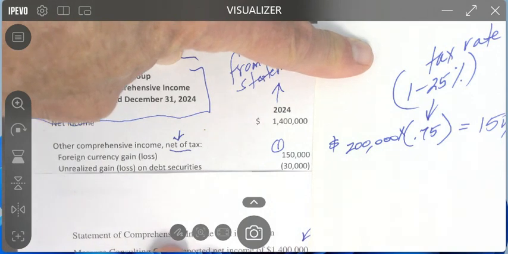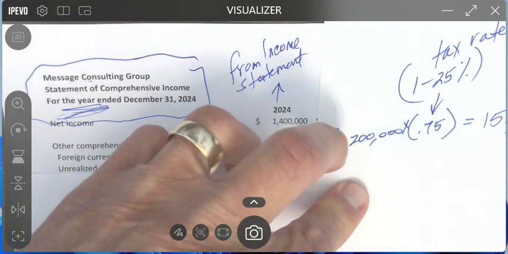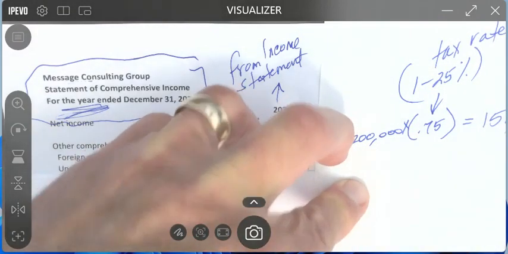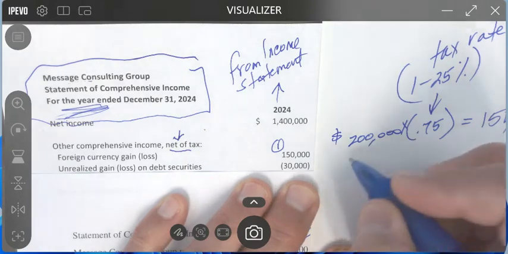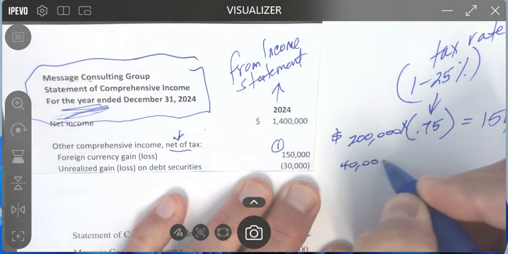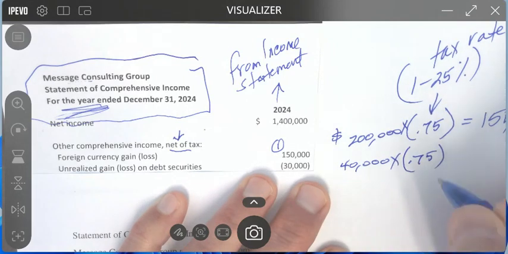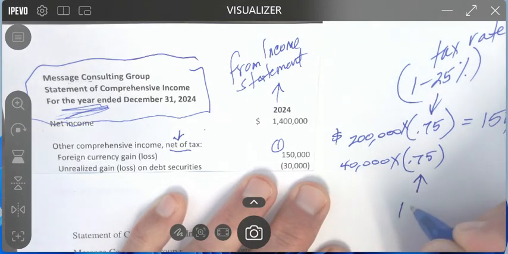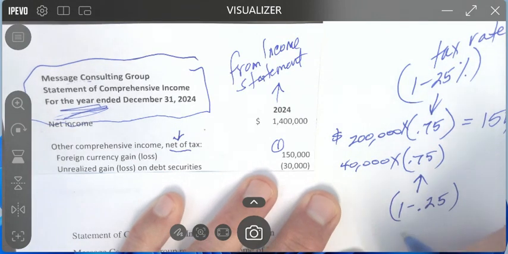Remember the unrealized gain on equity securities? It was 40,000. But we have to multiply it times 0.75 because, again, we have to pay 25% tax on that.